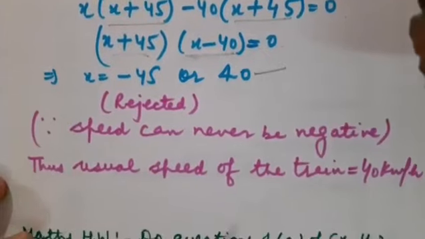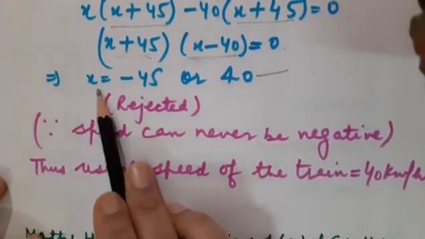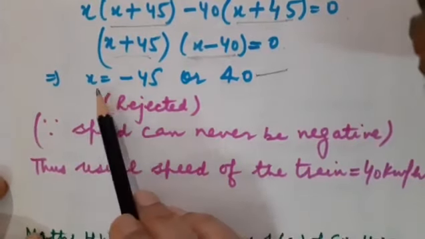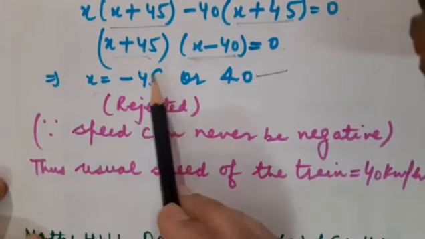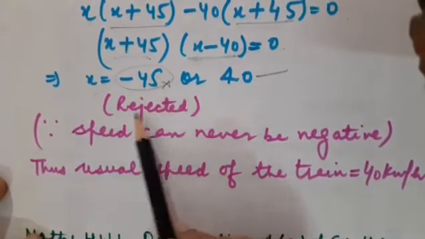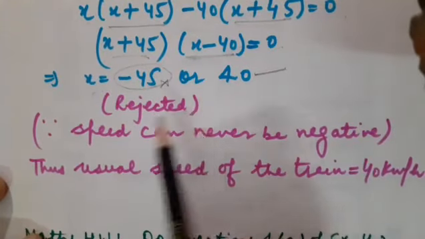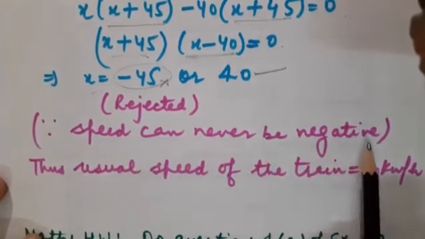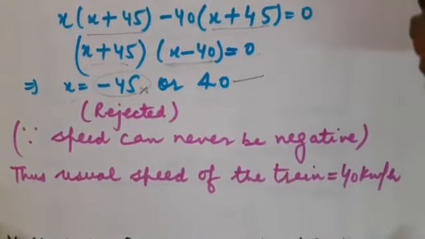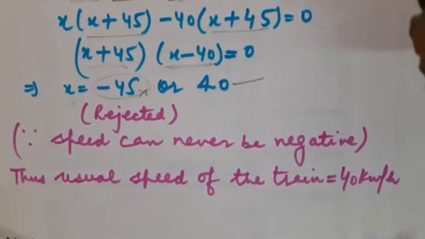Fine. Now children, just see what was considered as x. X was considered as the speed of the train, and you know that the speed of the train can never ever be negative. So definitely x is equal to minus 45 will be the rejected value. Reason? Because the speed can never be negative. Correct? So what is the usual speed of the train? That is 40 km per hour.